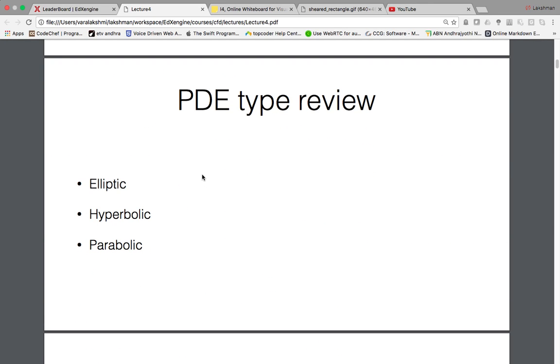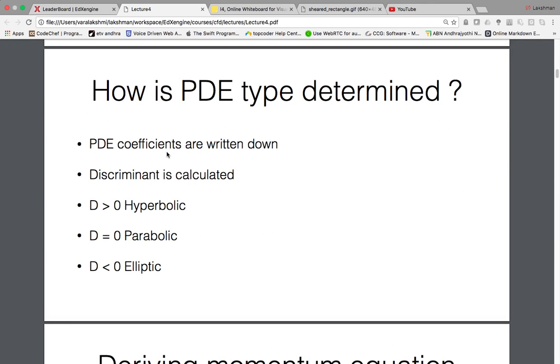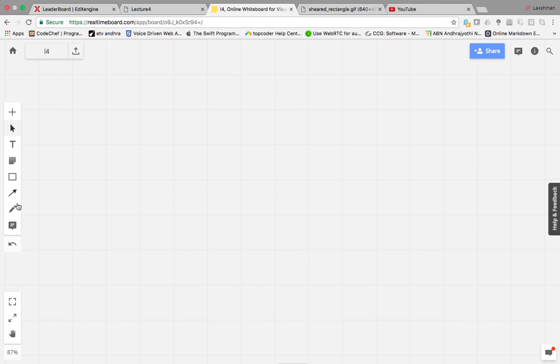So PDE types, as you might have studied, there are three generally used partial differential equations which are applicable for computational fluid dynamics. So elliptic, hyperbolic, and parabolic. Like Sarang must have written, second order differential equations. I mean, this is a very basic thing that you will learn in undergrad and Wikipedia and standard textbooks.